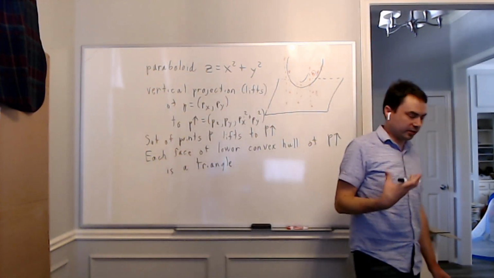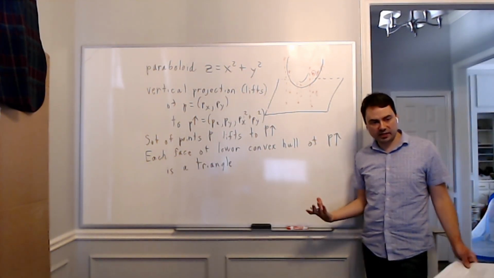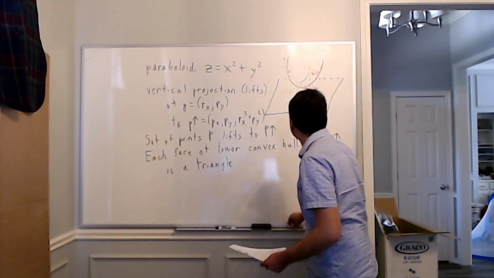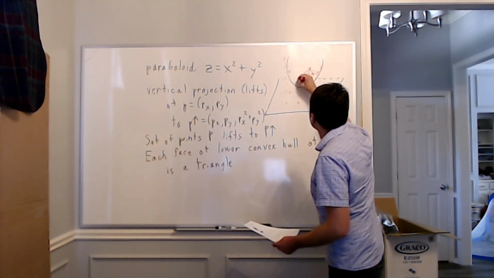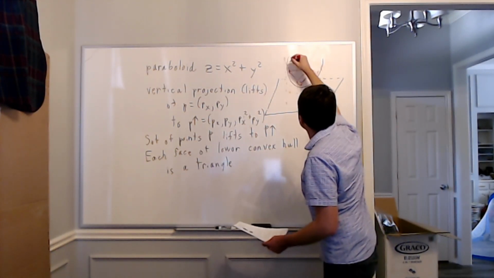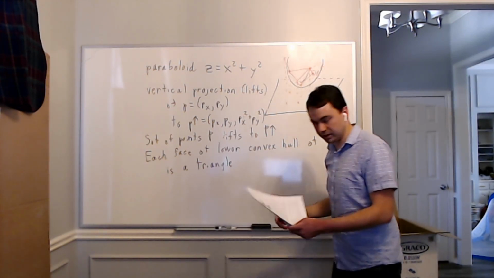This is sort of like how, assuming general position, each face of the convex hull in 2D is a line segment. So if I take the convex hull of all these things, I might get a bunch of different triangles as follows.